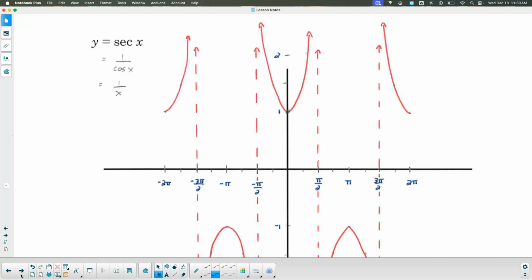Because the cosine graph is right there.